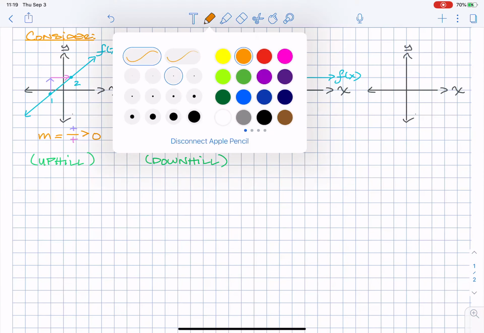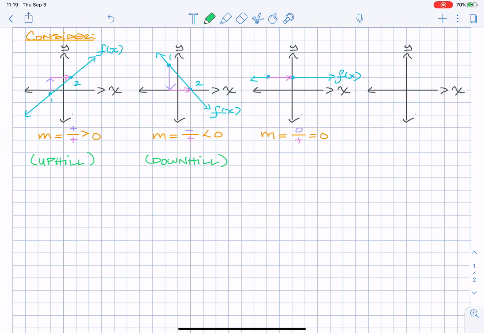And it's a positive run, not that it matters, because 0 divided by any number is 0. So I'll just write horizontal. A horizontal slope is 0.